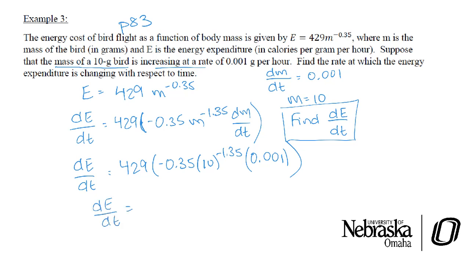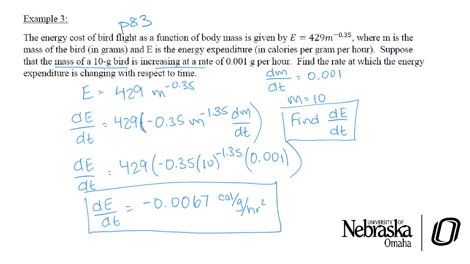So dE/dt in this equation is equal to negative 0.00067. It said, find the rate at which the energy is changing with respect to time. Originally, it says it's calories per gram per hour. Now it's hours squared once we find the derivative of this. Okay, so this is our solution.